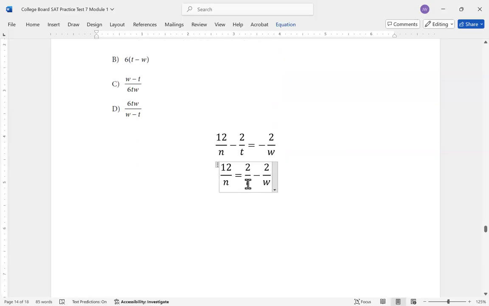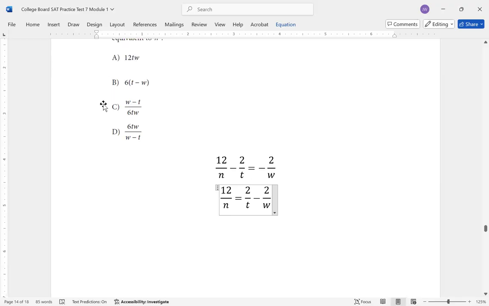Now, there are two different fractions, so I'm going to have to combine these two fractions into one. In the first case, I would multiply times w over w to get a common denominator.